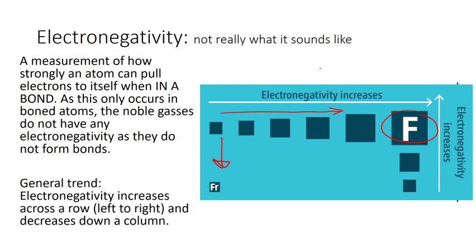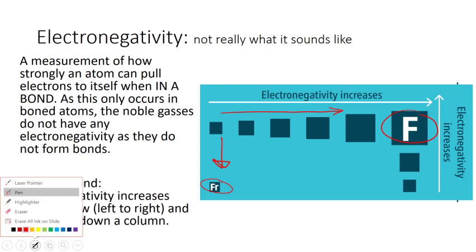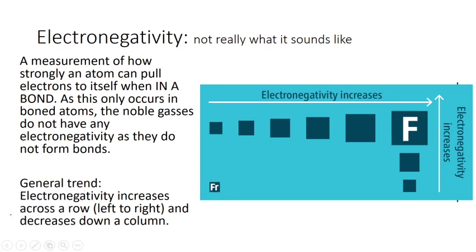So really strong pull on those outer electrons. When you get down here, francium, very low electronegativity because its valence electrons are really far from the nucleus because it's got all these energy levels, plus it's got a lot of core electrons shielding. So not very strong electronegativity.